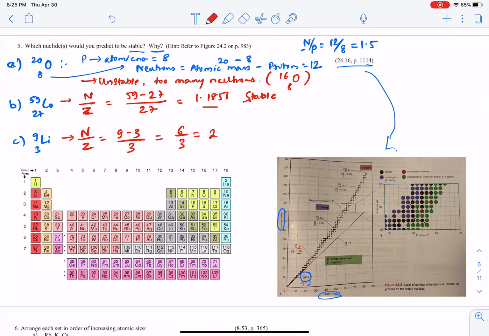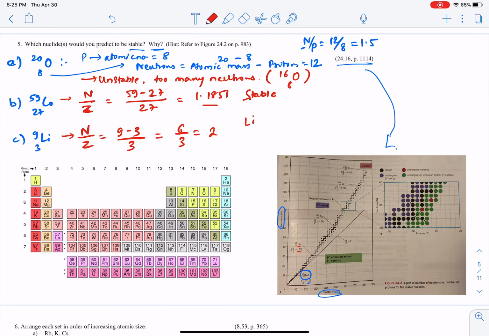Also you know that lithium has an atomic mass of 6.9 something, I'm considering it 7 in general, so 9 is too far away, so we can write it's unstable, too many neutrons. So we have only cobalt as stable and the other two as unstable because of too many neutrons.